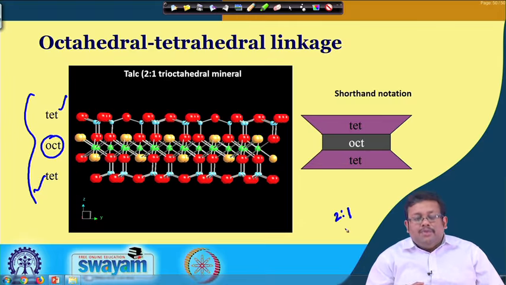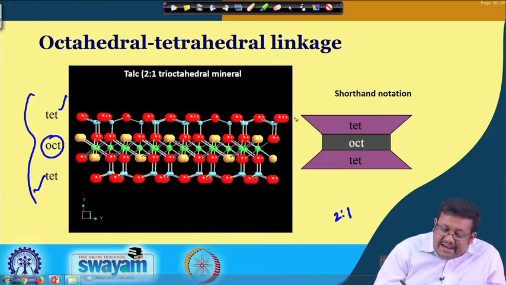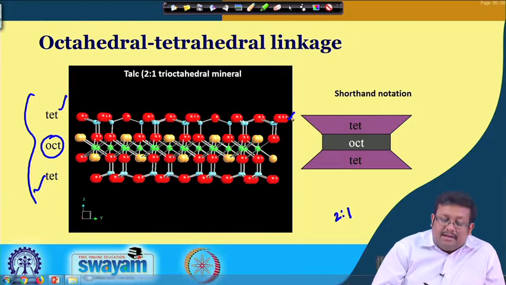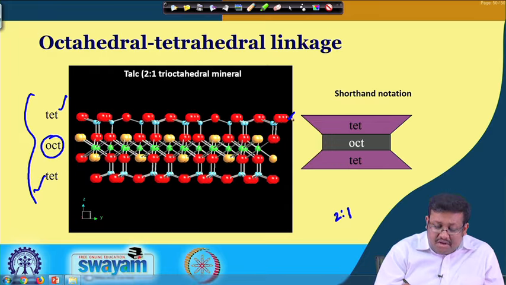So, how do they link together? You can see these red solid structures denote oxygen, whereas these are silicon, and these are magnesium.